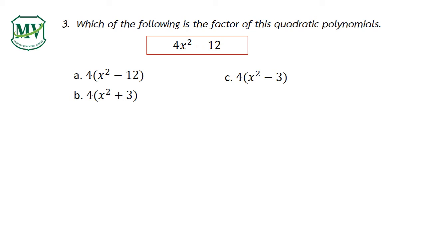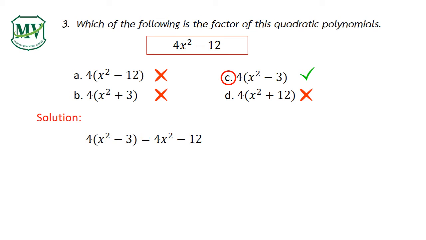Letter C, 4 times the quantity of x squared minus 3. Letter D, 4 times the quantity of x squared plus 12. So letter A is not the correct factorization. Letter B is not the correct factorization. Letter C is the correct factorization. Letter D is not the correct factorization. So the answer is letter C.